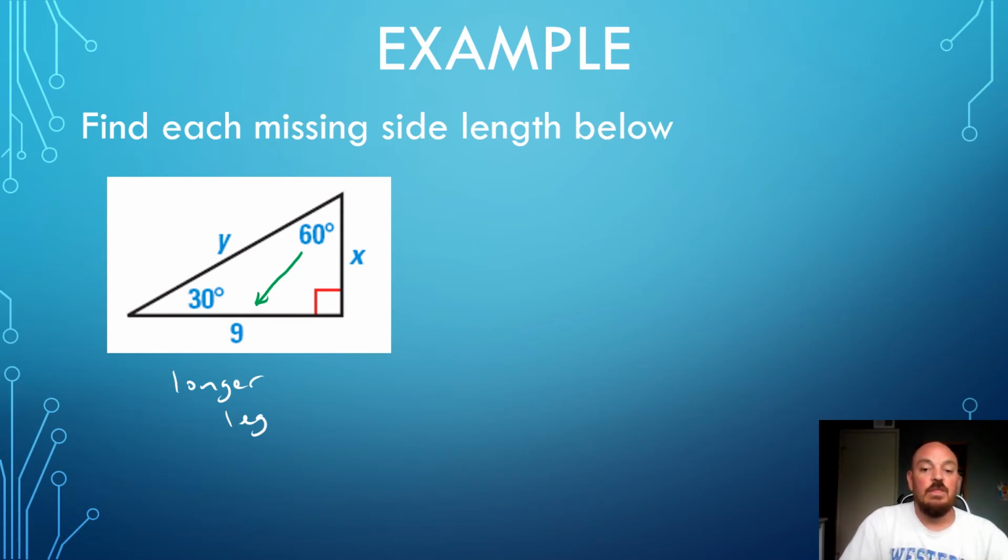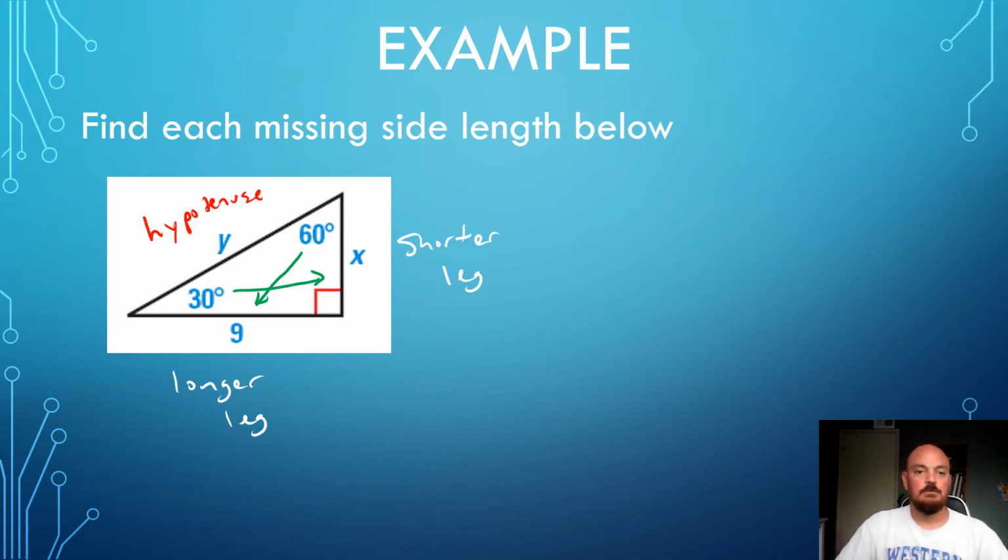That means the 30, opposite it, x, becomes the shorter leg. And y is opposite the right angle, so it becomes the hypotenuse. So the one that I know in this picture is the longer leg.